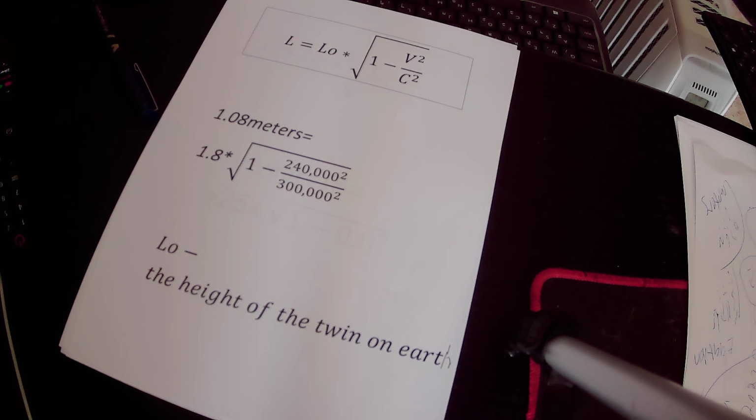So if the brother on Earth had a height detector, then the detector would show a height of only 1.08 meters. But the twin who is in the spacecraft doesn't feel it. He doesn't feel that he is shorter.